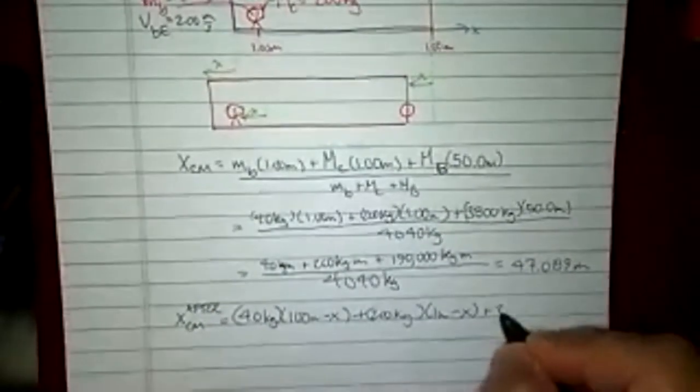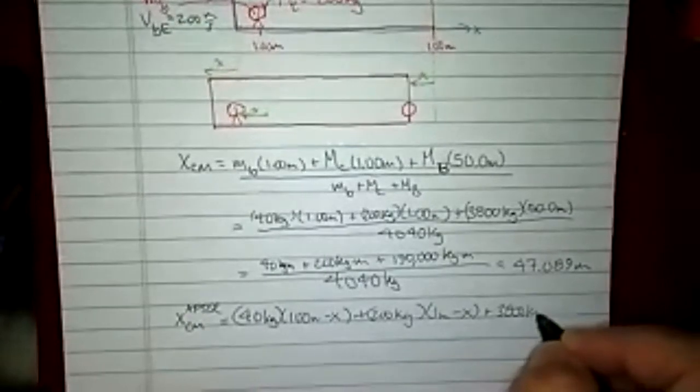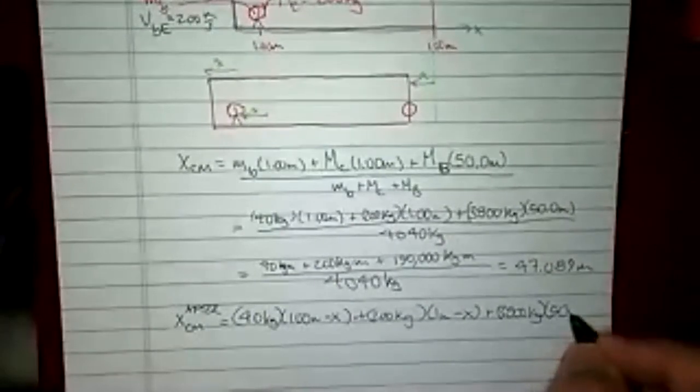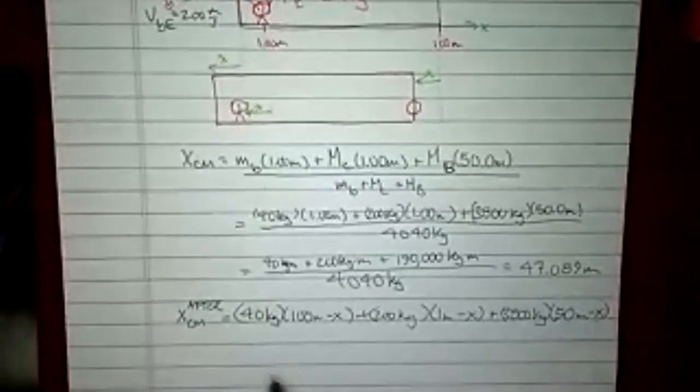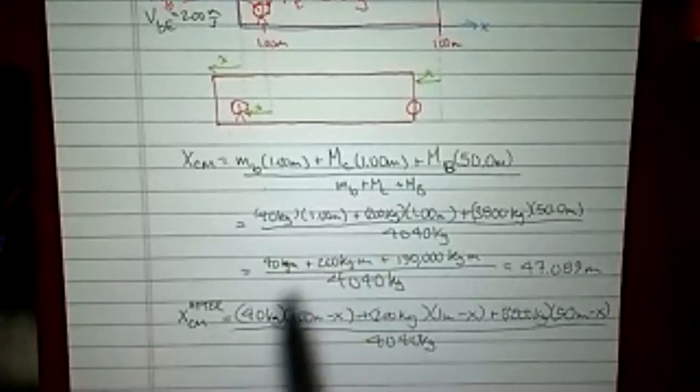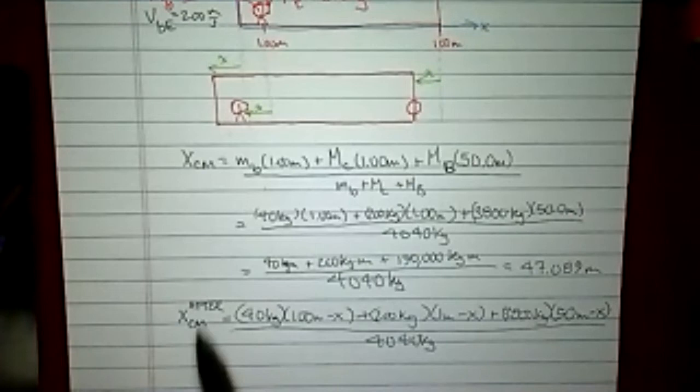And then we're going to have a 3,800 kilogram box that was at 50 meters, but now it's going to be at 50 meters minus x. And of course, all that will be divided by 4,040 kilograms. The key point is, because it's a closed system, the center of mass can't really move. So if I set these two centers of mass equal to each other, then I have only one unknown, that's x, and I can solve for that.